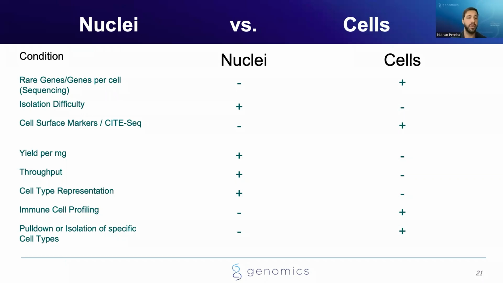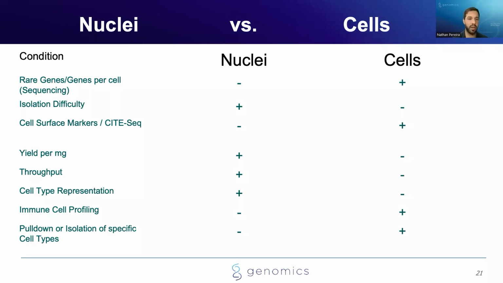And then nuclei have some benefits over cells in throughput. Lots of these cell isolations can take upwards of hours, with lots of hands-on time. Nuclei are usually going to have higher yields per milligram. You're just lysing and taking all those nuclei out.